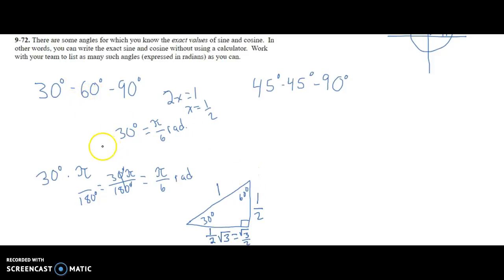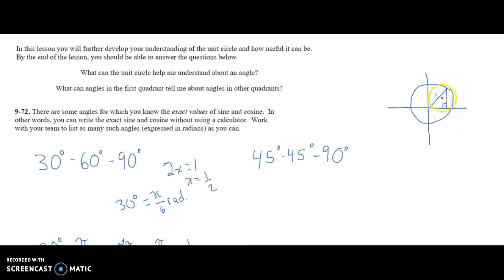So if we're looking at a unit circle, once again, let's just say this is a 30, 60, 90, even though this is drawn more like a 45, 45, 90. We can look at our x and y axis, our coordinate point where this radius terminates on the circle.